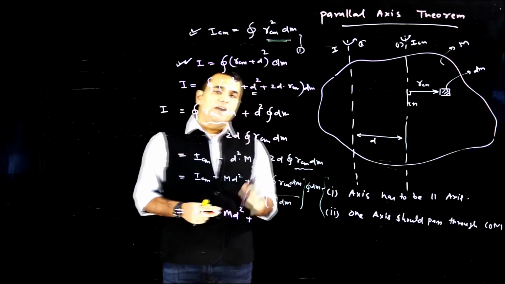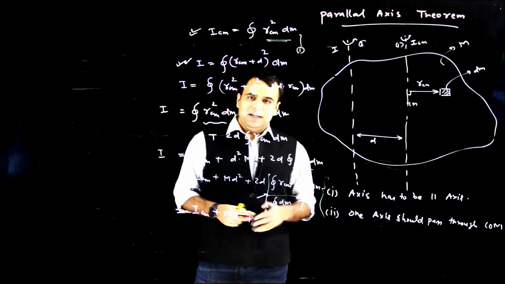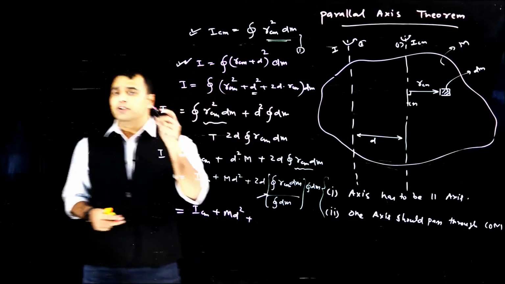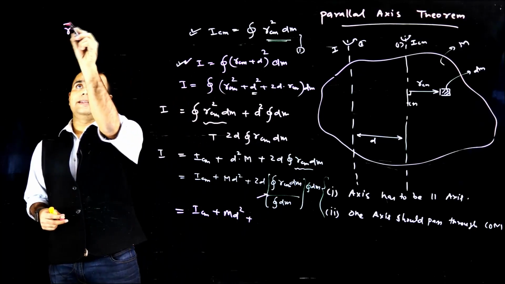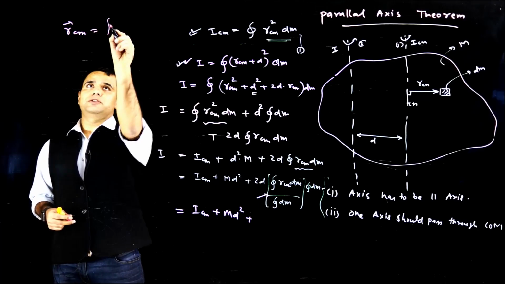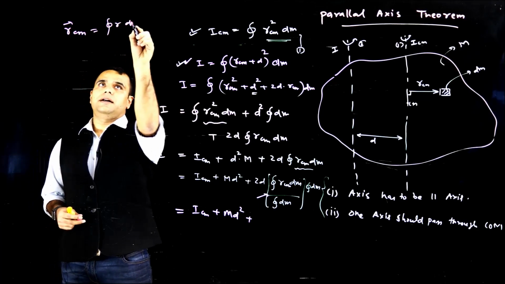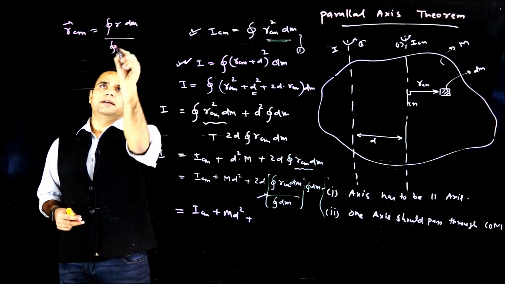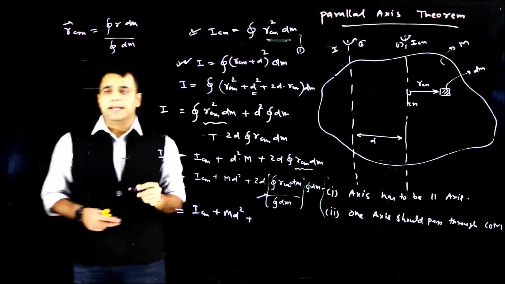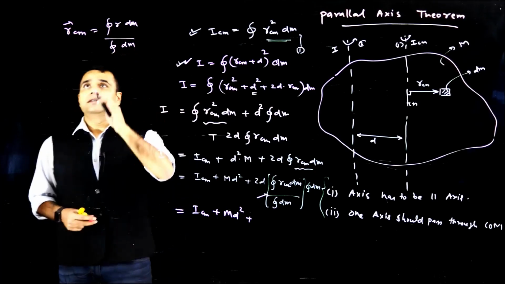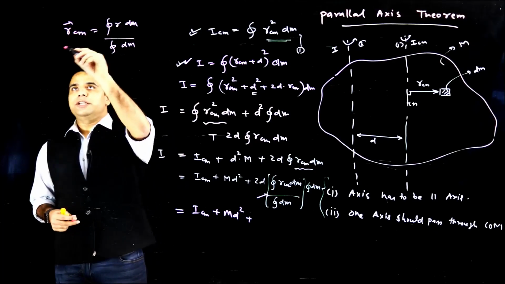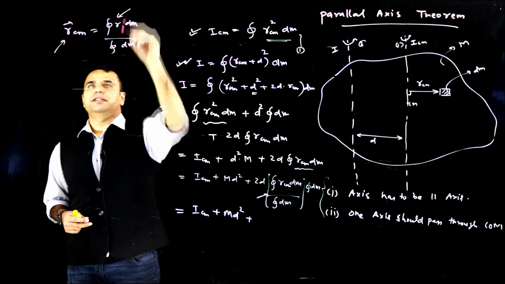It is the integration of R dm divided by the integration of dm. This is the formula. If you remember, we used to have the formula for defining the center of mass. The center of mass formula used to be defined as R dm divided by dm. And when we used to define the center of mass, the origin for this R_CM and the origin for this R has to be the same.